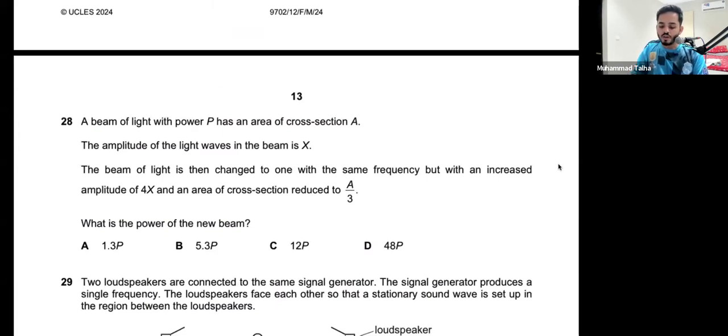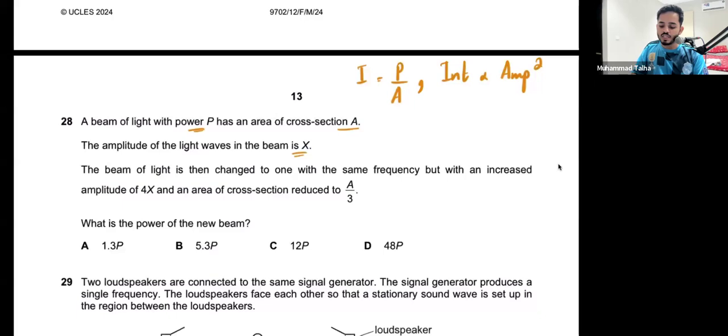A beam of light with power P has an area of cross-section A. Amplitude of light waves in the beam is X. So you are given amplitude, and right at this point, coupled with this information, power, amplitude, and area, this should trigger a word in your mind, which is intensity. So we know intensity is power over area, and also we know this relationship that intensity is proportional to the amplitude squared.